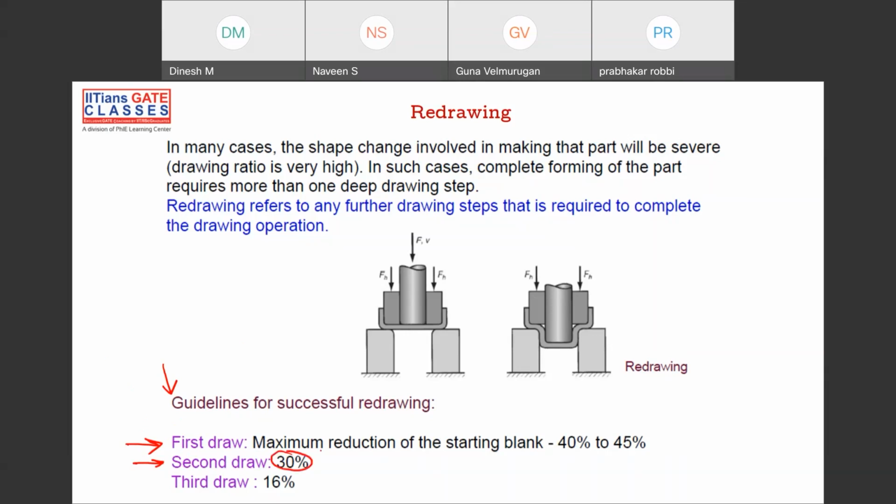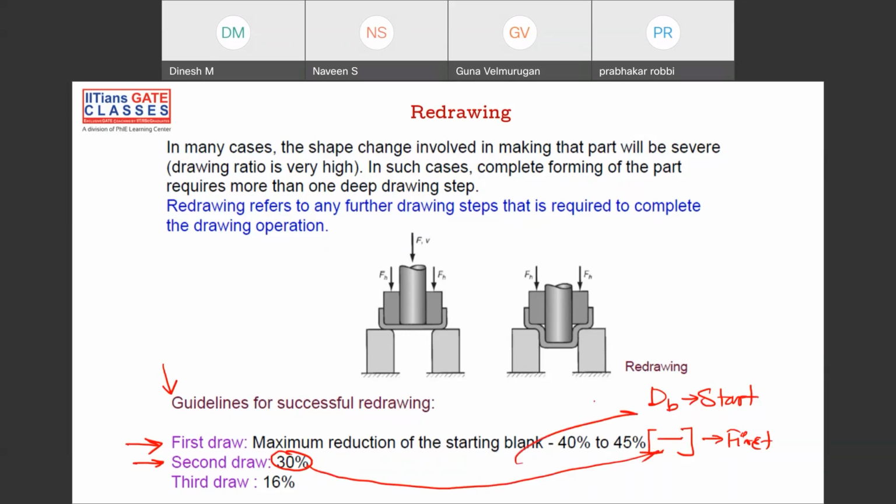This 30% is with respect to the workpiece at the first position, not with respect to the start. So this is your initial diameter of blank, and this is your first position. The second draw's 30% should be reduced with respect to this first one. Please do try to understand that, right?